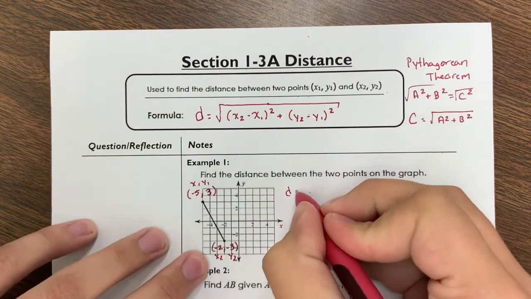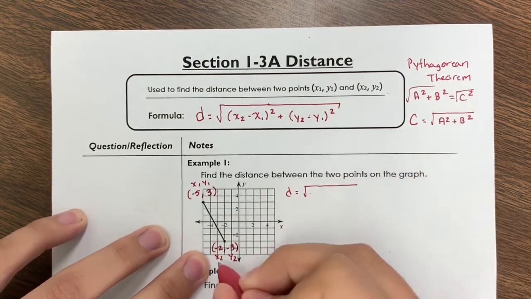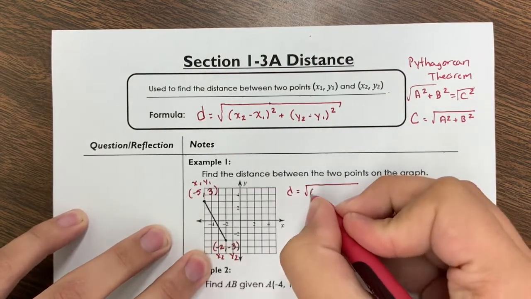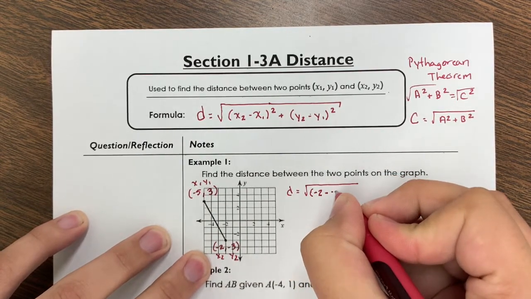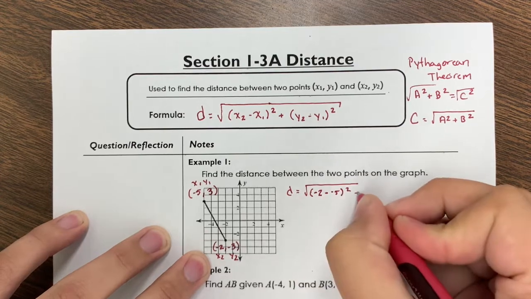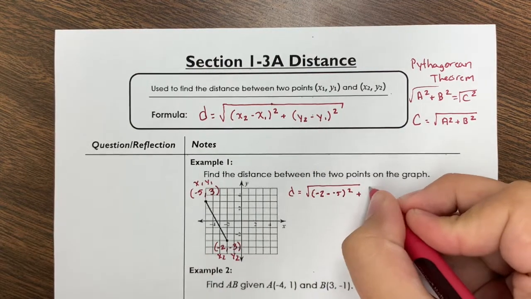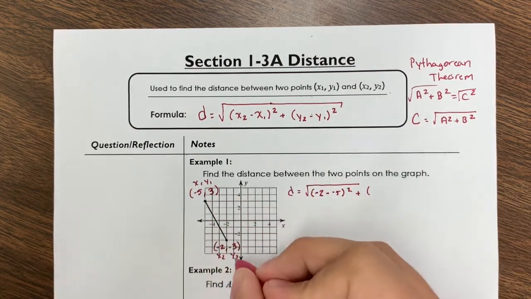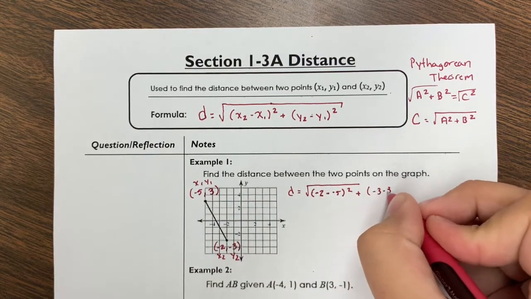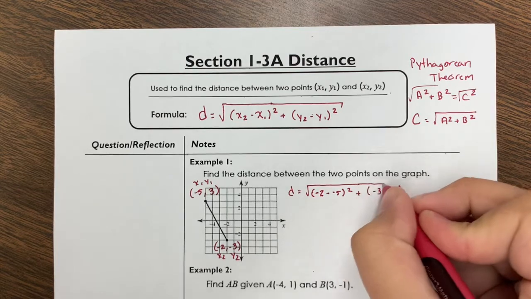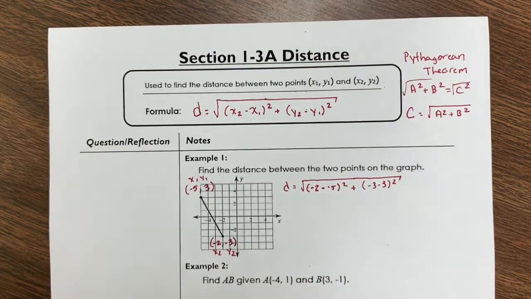So I've got distance equals the square root of x2 minus x1. So I have -2 minus -5 squared. And then we'll do our y's, put my plus sign and do y2 minus y1. So I have -3 minus 3. Again, put my squared on that, and then bring my square root all the way over and close that out.